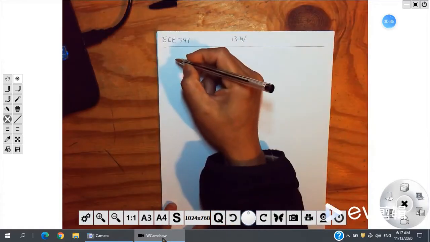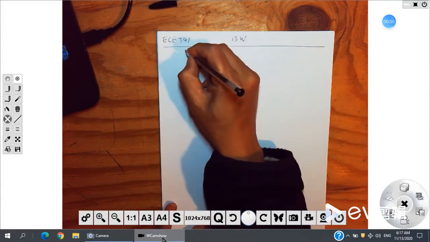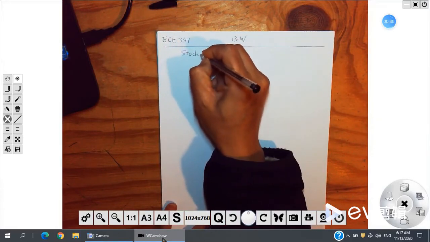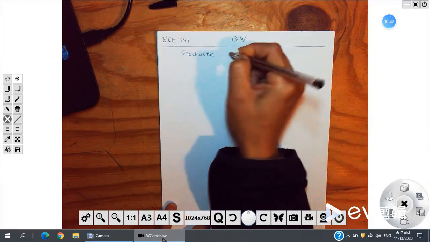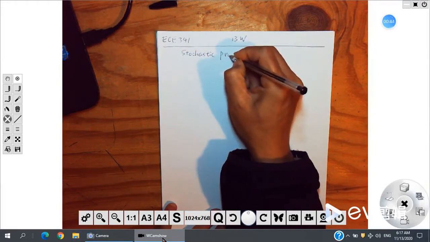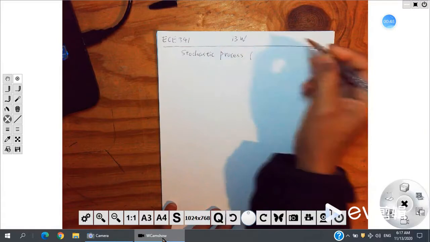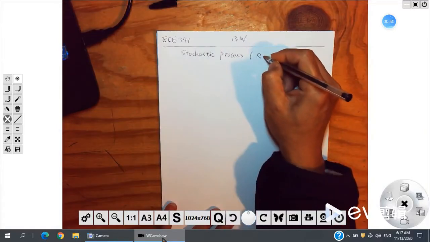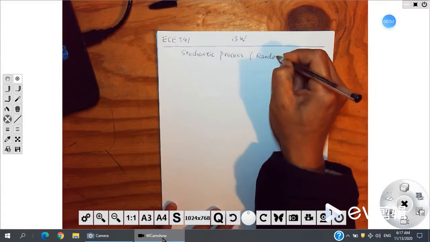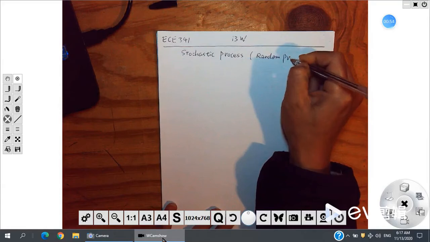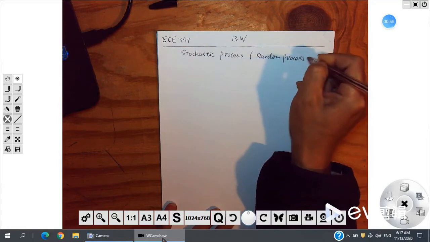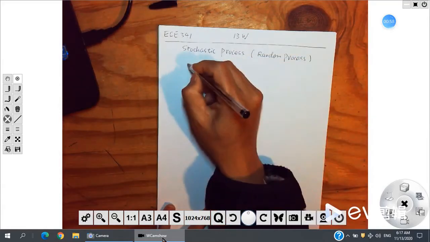Okay, stochastic process. You can think a stochastic process is also just a random process. It is a sequence of random variables.